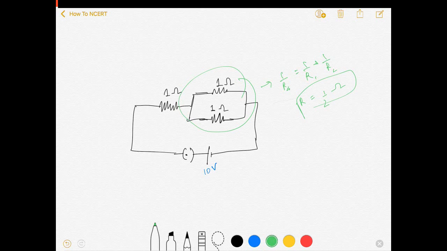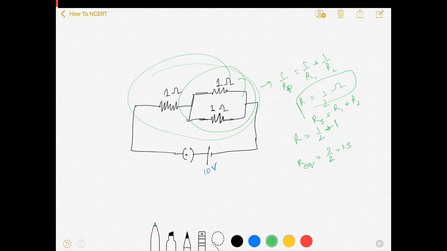That's the equivalent resistance of this system. So my resistance for the entire thing is going to be half plus 1, because R series is going to be R1 plus R2, and this one is R parallel, right? So my equivalent resistance of the whole system is going to be 3 by 2 or 1.5, right?